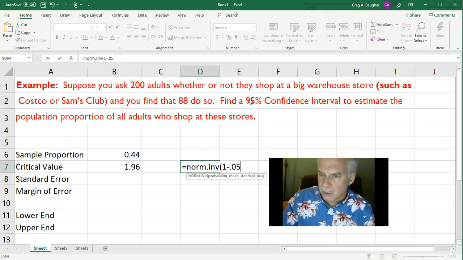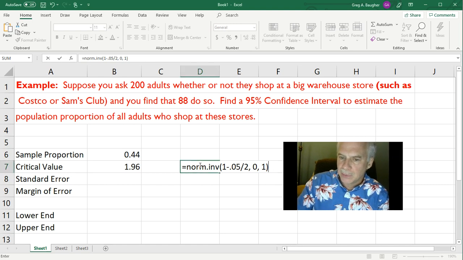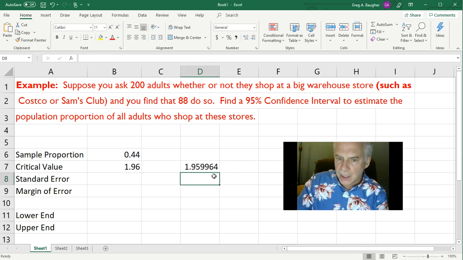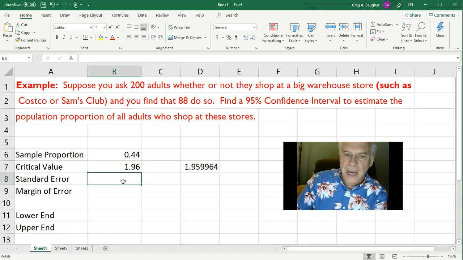If your confidence level is 95%, then alpha is 0.05, but you got to divide that by 2 to get the area in just one tail, not two. Anyway, you have that, and you hit enter, and it gives you the 1.96, but we had the table value to know that anyway.